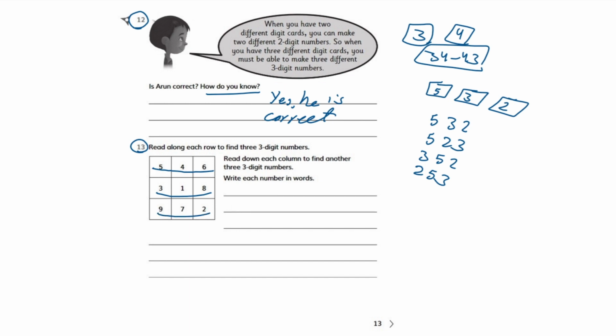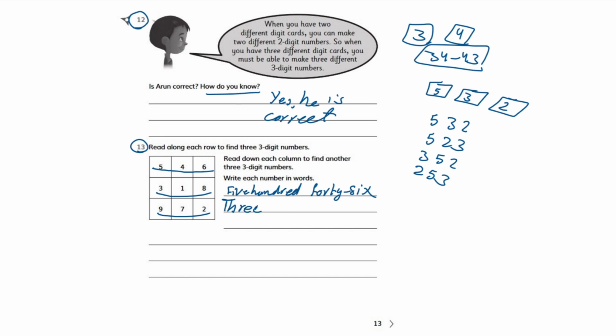I can easily write them down. Let me first write down the numbers along each row. The first one is 546, 500 and 46.